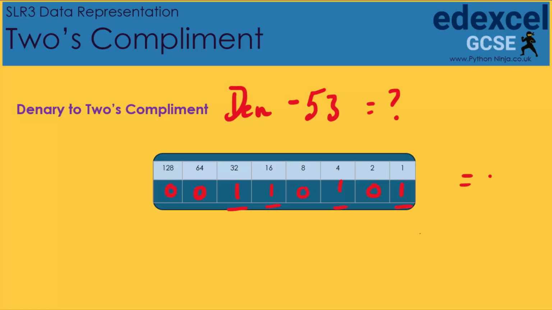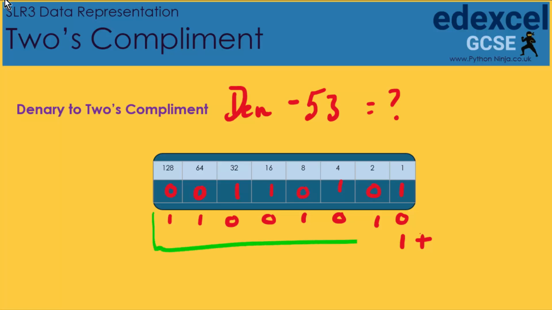So that is the positive binary for 53. So here I flipped the bits and now we need to add 1. And here's our answer. And now we can reverse engineer it just to double check that it is denary minus 53.